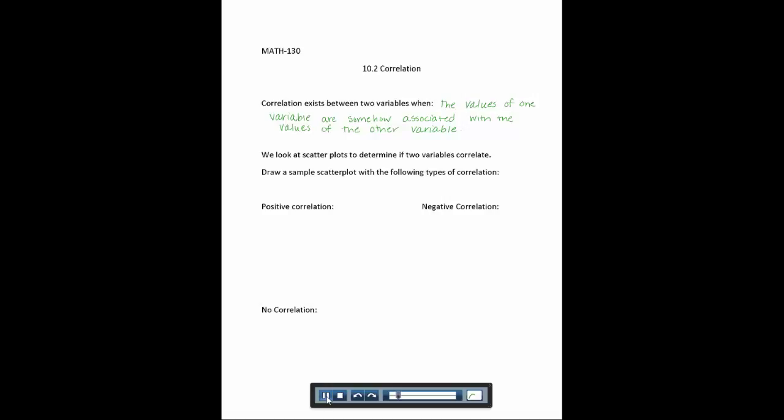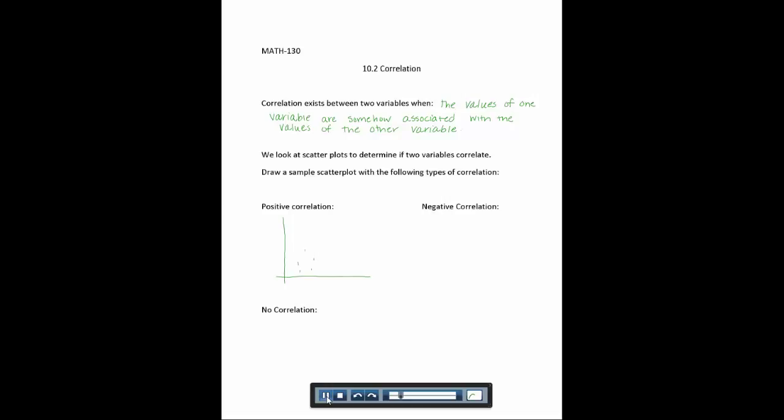Okay, so we're going to talk about what's called linear correlation. So do they correlate linearly? And there's two different things we can talk about, either positive correlation or negative correlation. Positive correlation means if we look at a scatter plot of the two variables, the data points would look like a positive sloped line.